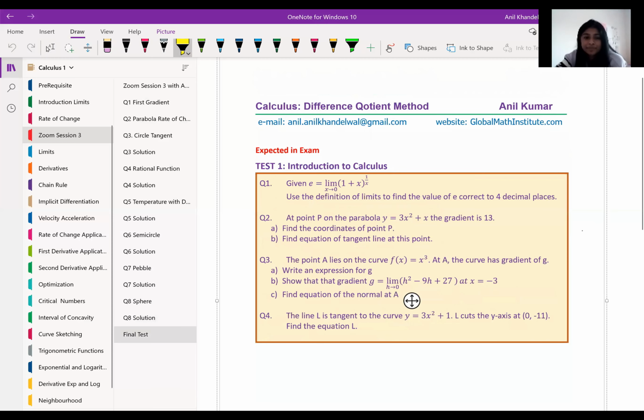Now, here is the set of questions which we answered just now. I hope all our viewers must have liked these set of questions. They are representative of your introduction to calculus. If you can actually solve these questions, you're absolutely ready for the next chapter or unit on limits.